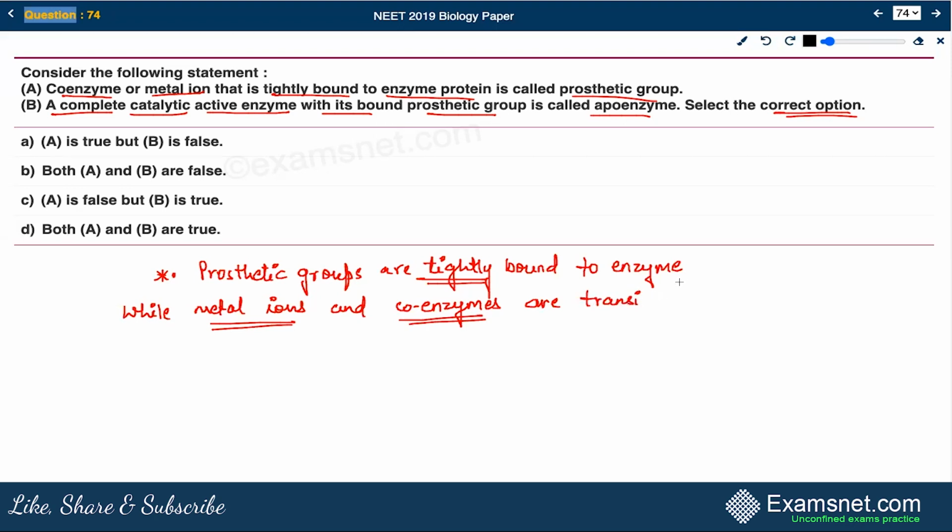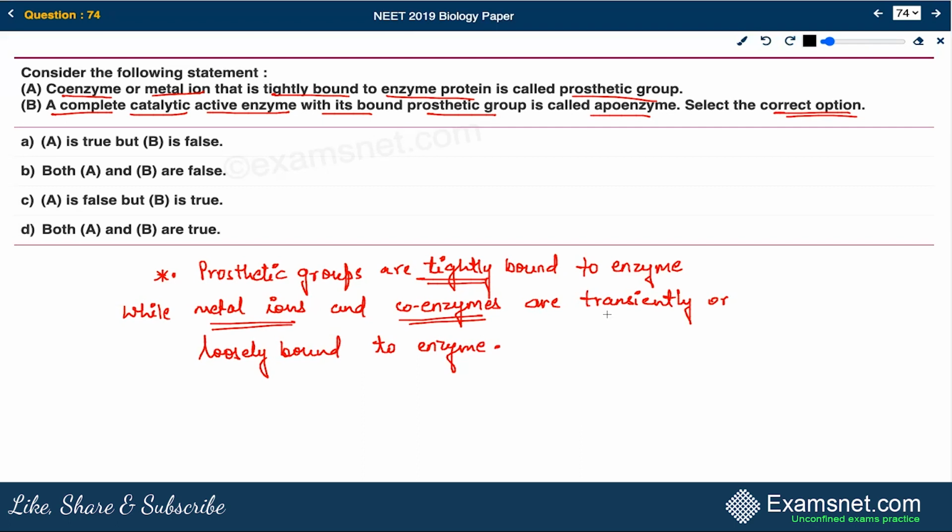Transiently means loosely bound. So transiently or loosely bound to enzyme. All right.